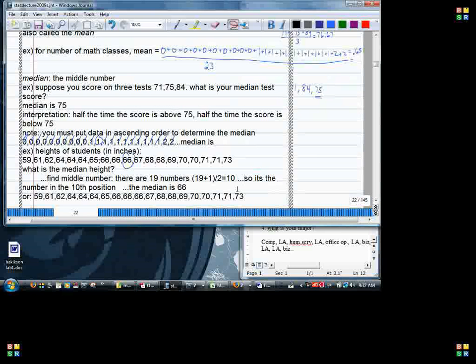There are 19 numbers, so we want 19 plus 1 divided by 2. 20 over 2 is 10. So we know we want the number in the 10th position. 19 is how many numbers there are. Okay, so why do you do the plus 1?